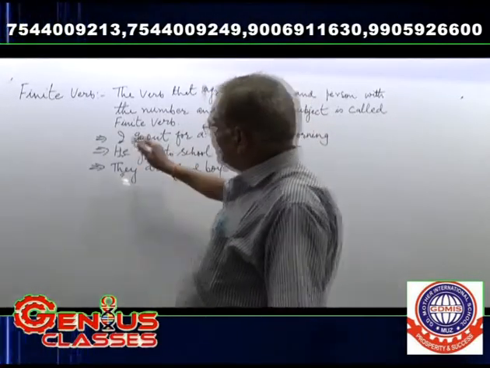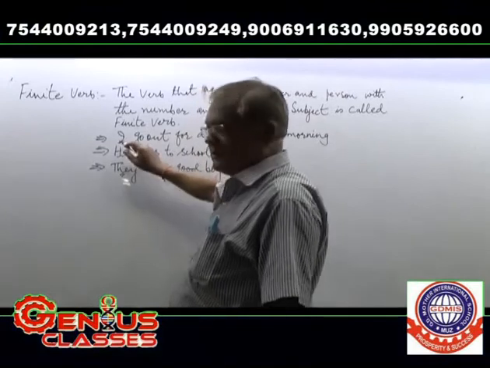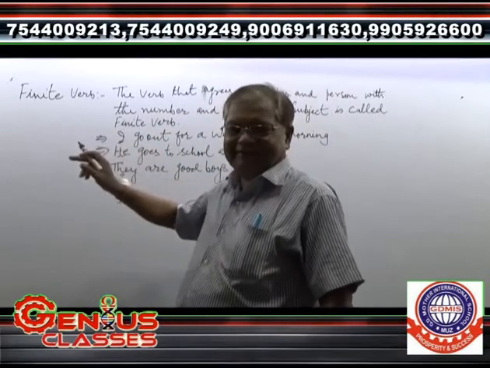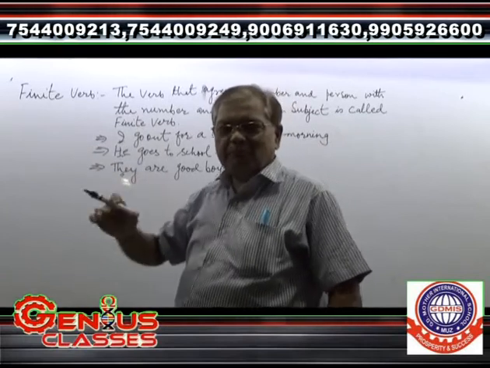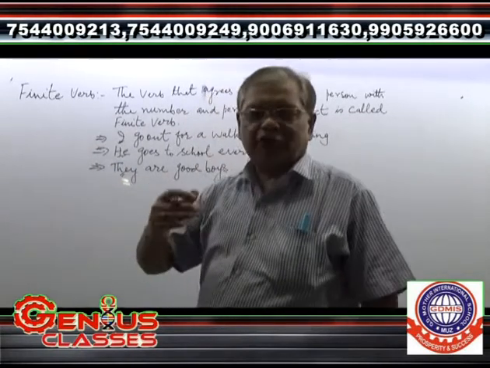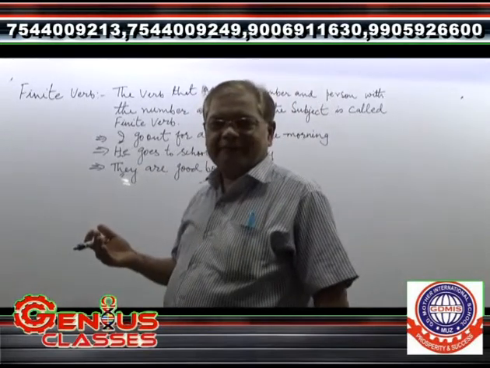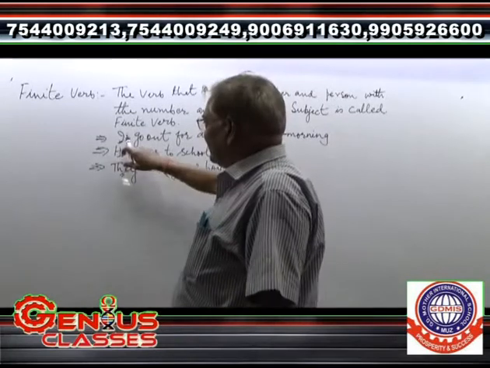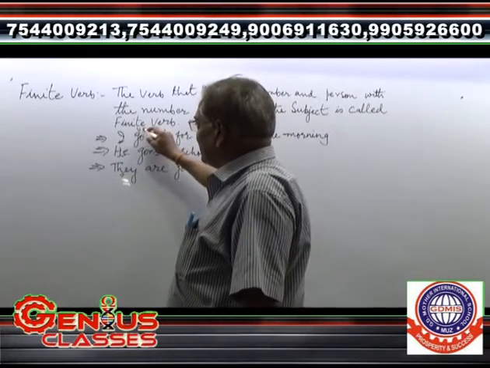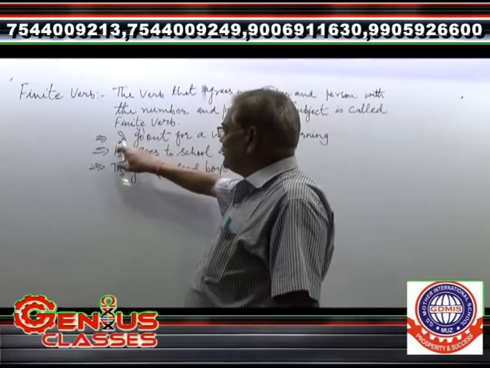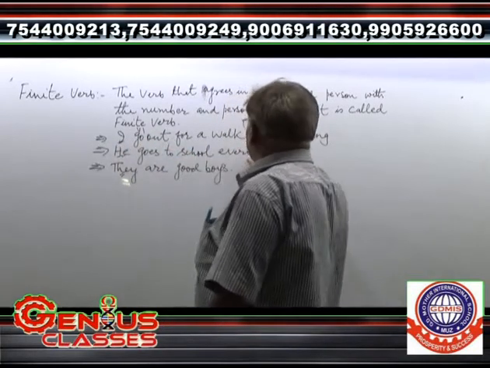So here I need to see the number and the person. I is the subject, and we have to match the following verb. It depends on which sentence or which tense we are applying. This is the simple present tense, so the verb has been selected according to the subject. So, I go out for a walk in the morning.